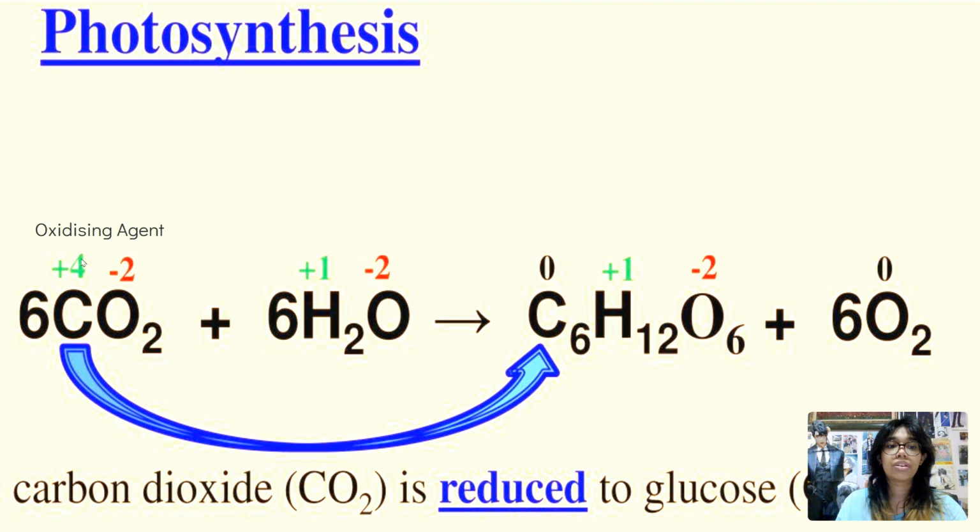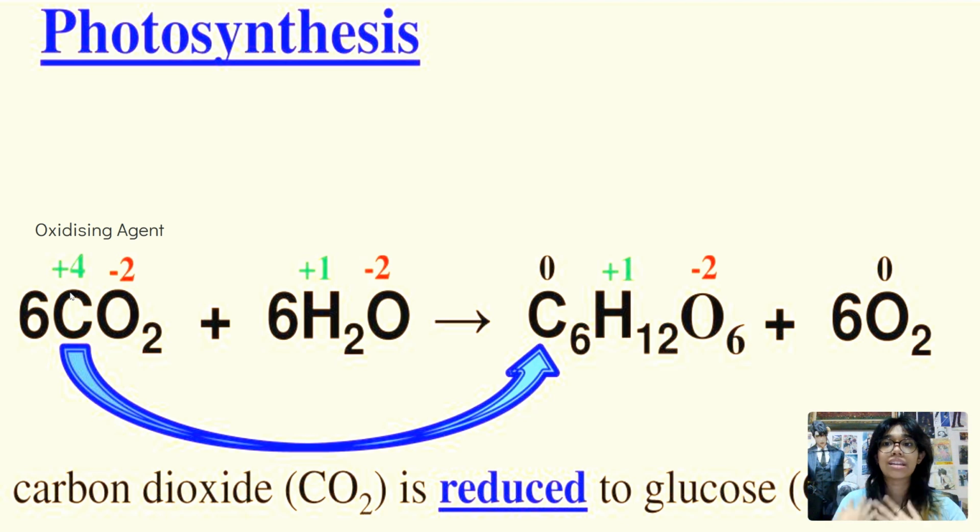So over here, for the oxidizing agent, this is because, as you can see here, carbon has a +4, while this carbon has a 0. As we know, electrons have a charge of -1. So what happens here is that we are accepting or gaining 4 electrons. Because of that, we have +4 -4, so that becomes 0.